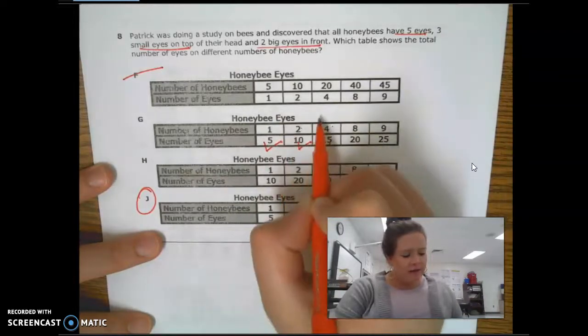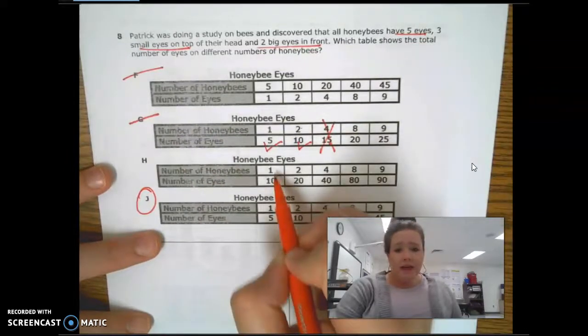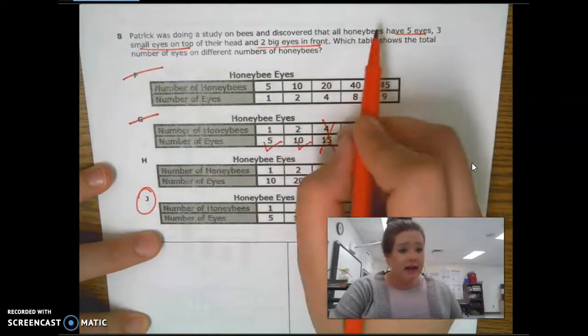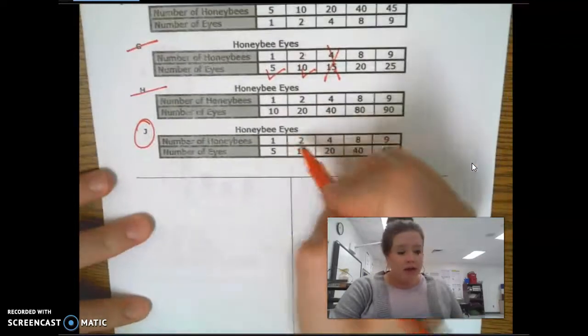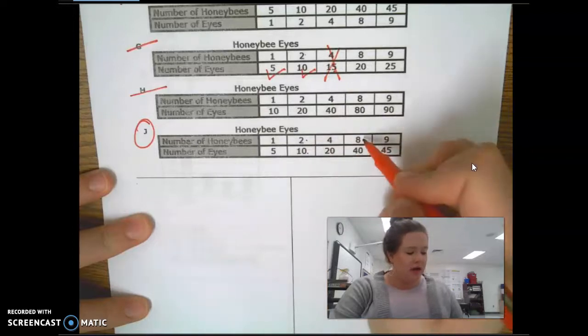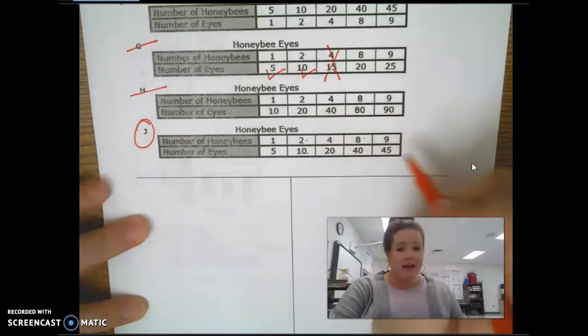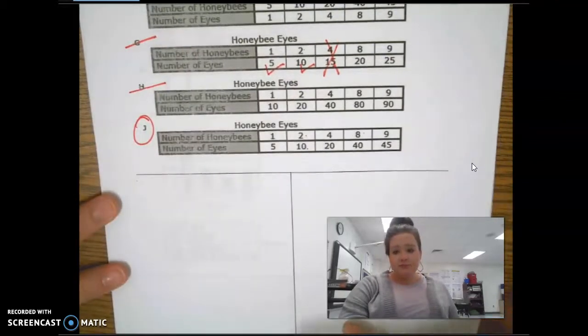We're multiplying by 5. That makes it wrong. 1 honeybee has 10 eyes. Well, this tells us that honeybees have 5 eyes. 1 honeybee has 5. 2 has 10. 4 honeybees have 20. 8 have 40 eyes. And 9 honeybees have 45 eyes. J is the correct answer.